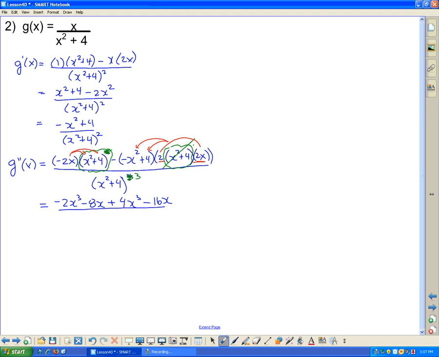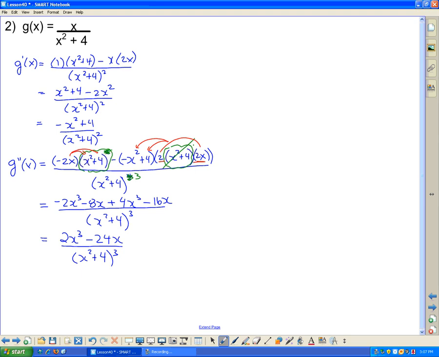That's all over the x squared plus 4 cubed. Cleaning that up a little bit, we end up with 2x cubed minus 24x all over the x squared plus 4 cubed. So there is our first and second derivative.